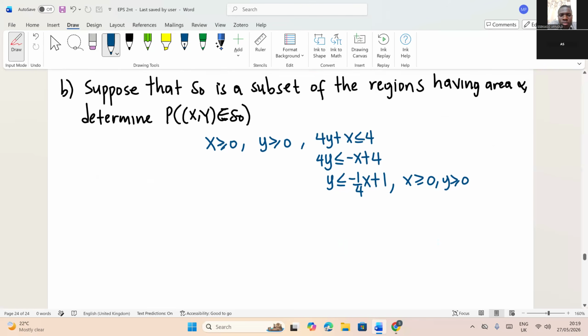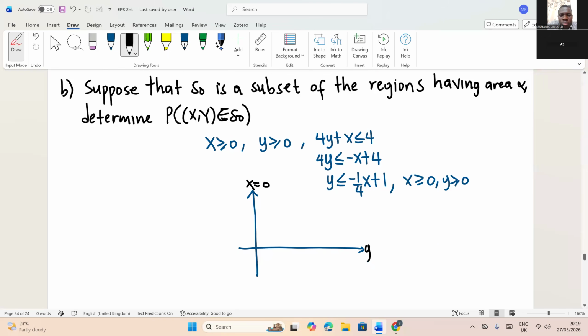Let us sketch. This is the y-axis, and this is the x-axis. I hope you agree that the y-axis is the same as the line x equals 0, and the x-axis is the same as the line y equals 0.